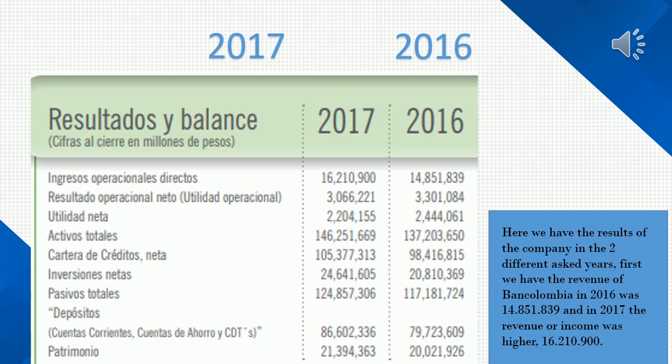It was 16,002,900. Just by looking at these numbers, we can know that Bancolombia had better results and a better financial situation in 2017 than in 2016. The company grew between these years.